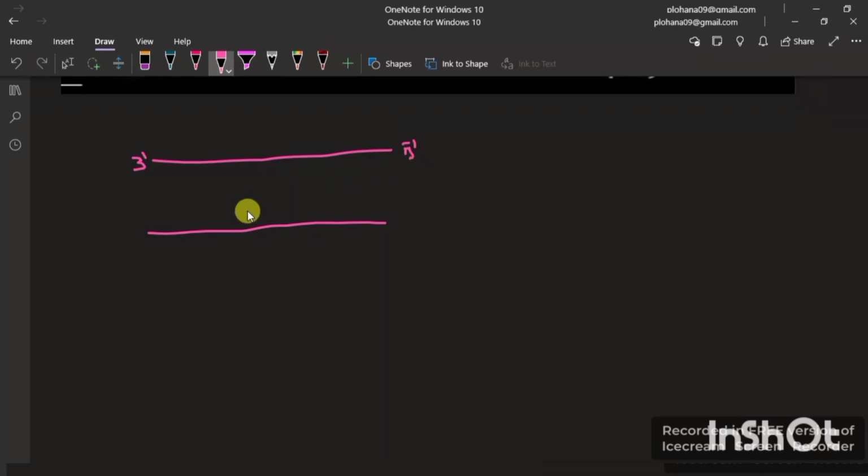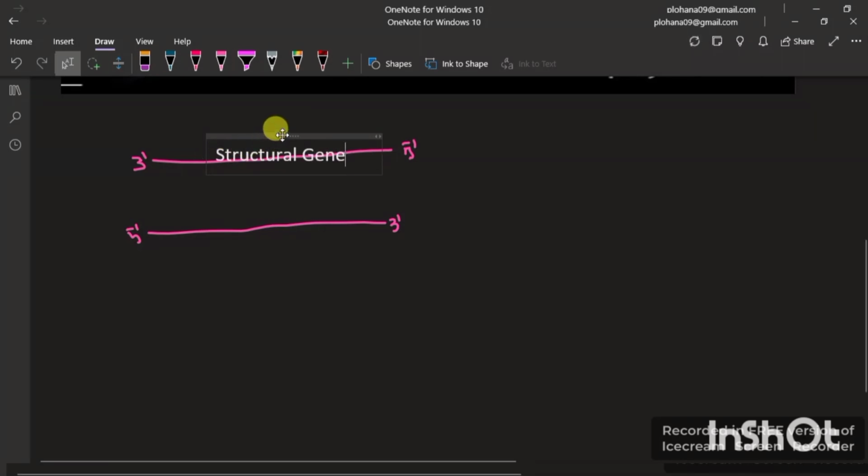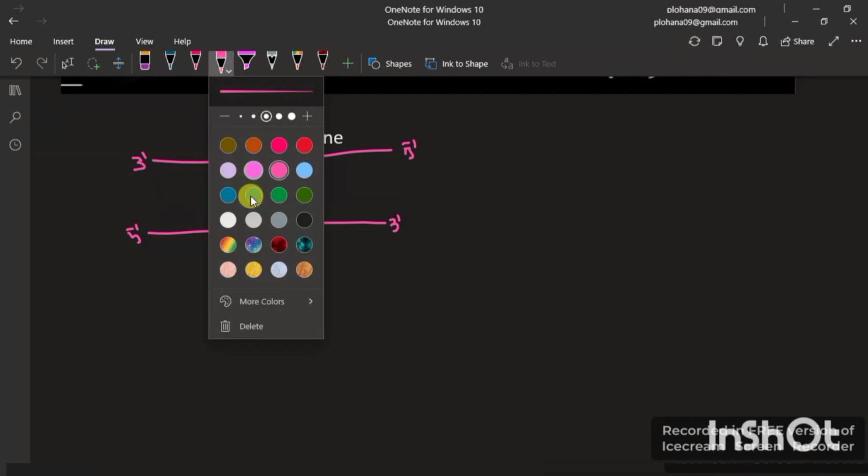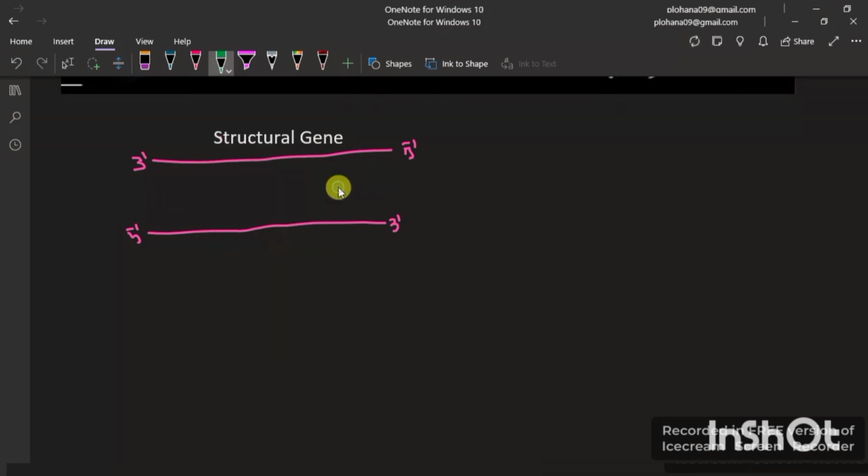If this is the 3' end, then here would be the 5' end, because this is the complementary strand of this, and here is 5', so here would be 3'. This is the structural gene.